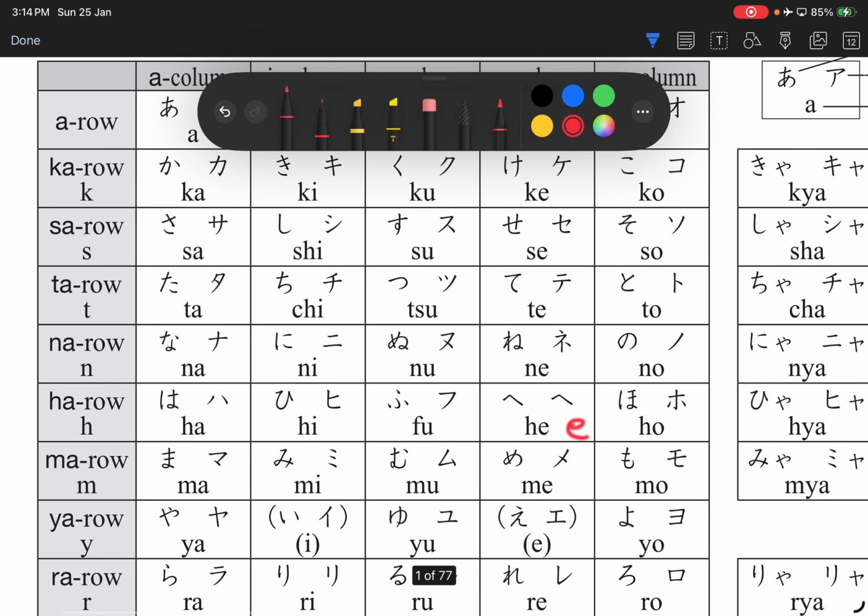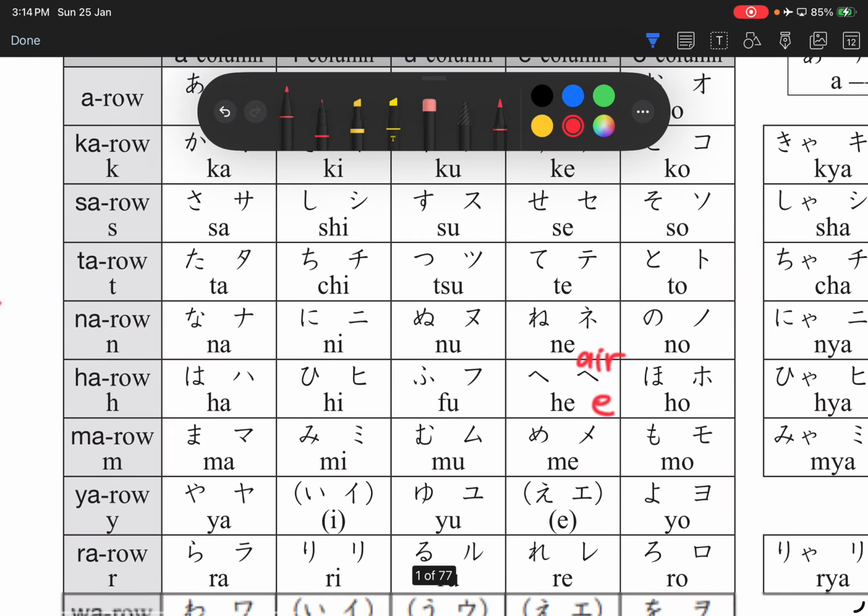The one below we drag out a bit longer, so it sounds more like air in English. The one on top is a shorter breath. Okay? Then next we have ho.